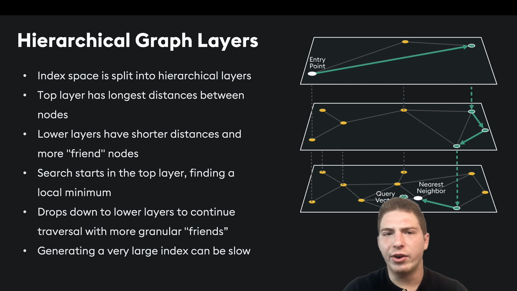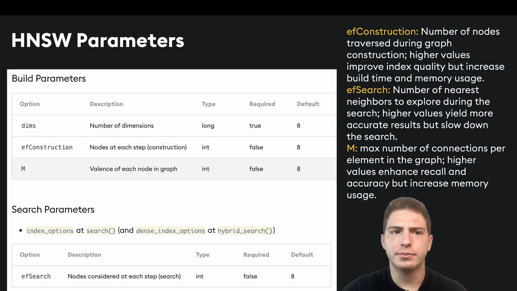Generating a very large HNSW index can be pretty slow. So it's very important to choose the right hyperparameters so that when you're inserting new data, updating your index doesn't take too long. The HNSW parameters include the number of dimensions, which is just the number of dimensions in your vector embedding.